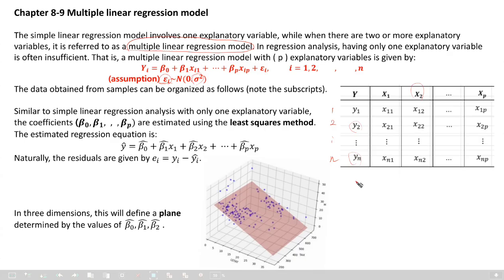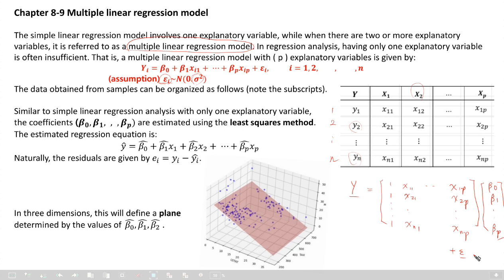If you understand vectors and matrices, the y vector equals the matrix with rows x11 up to x1p, x21 up to x2p, through xn1 up to xnp, times the vector beta 0, beta 1, up to beta p, plus epsilon.